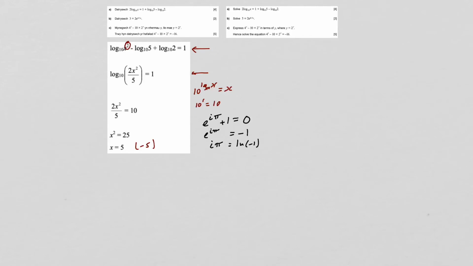Now, what that means is that if we do want to find the log of minus 5, and I'm not going to bother going into log base 10 because that's just another complication, but if we wanted the natural log of minus 5, what we can do is recognise that we have minus 1 times 5, which we can then use the log rules to separate off as log minus 1 plus log 5, and this then gives us i pi plus log of 5.